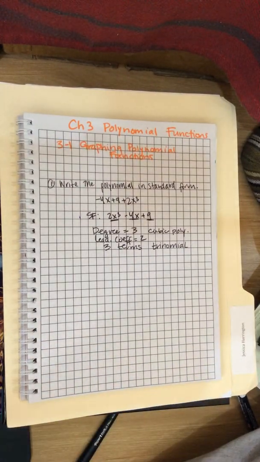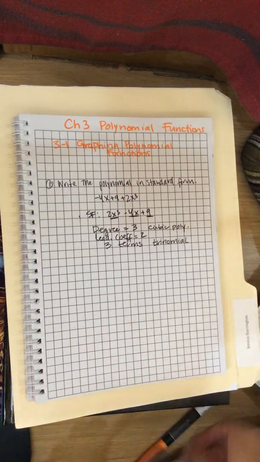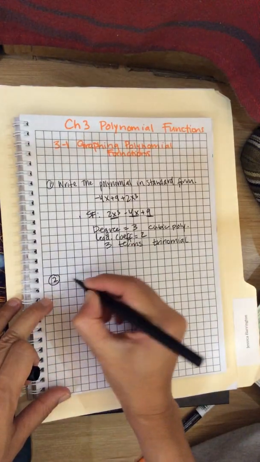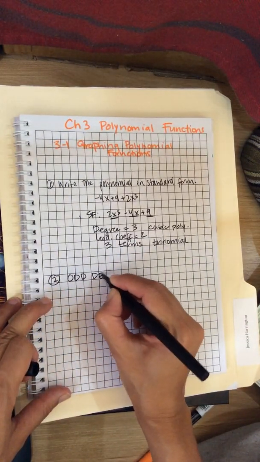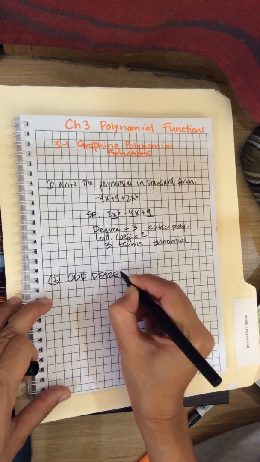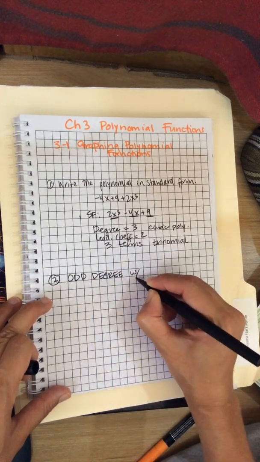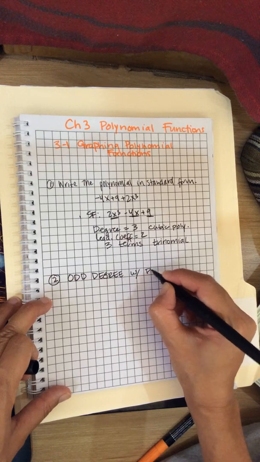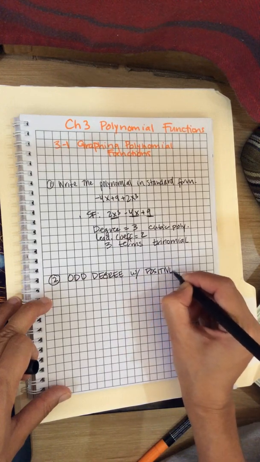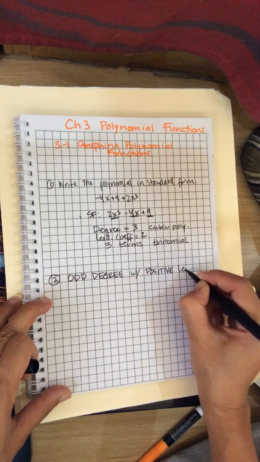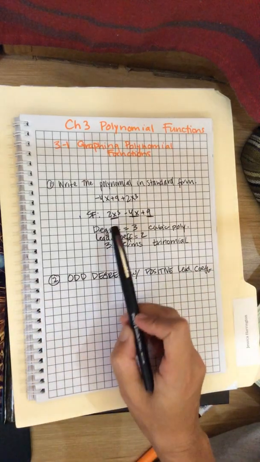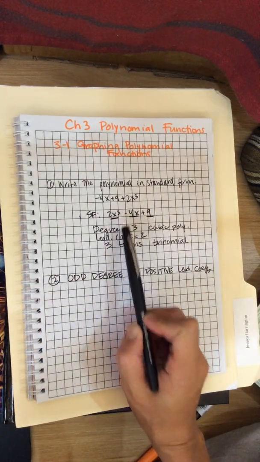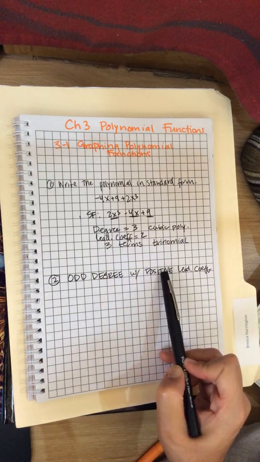The first thing we're going to look at, so I'll write example 2 here, is what is called an odd degree with a positive leading coefficient. Okay, so that means the degree is odd and the leading coefficient is positive.